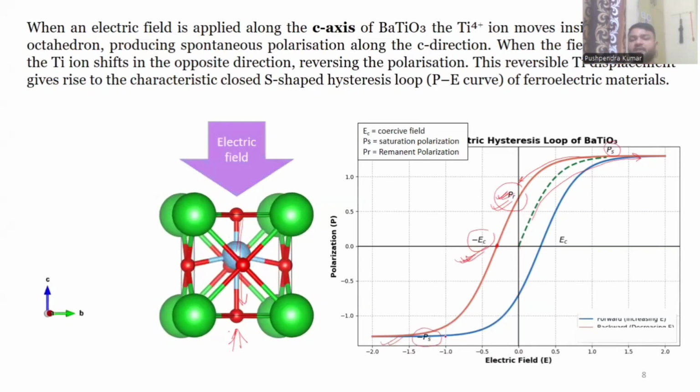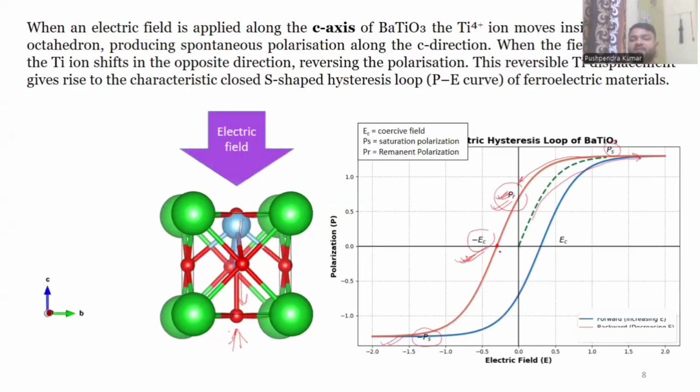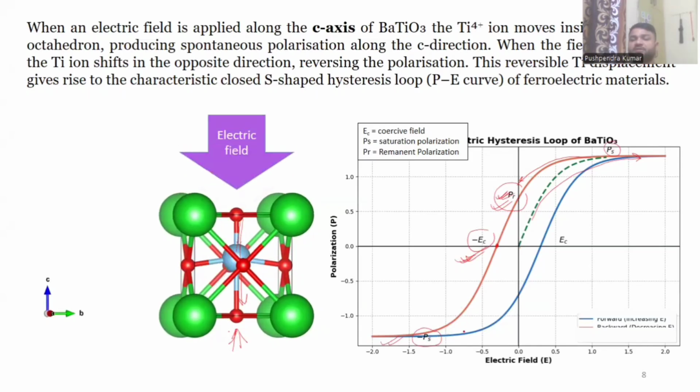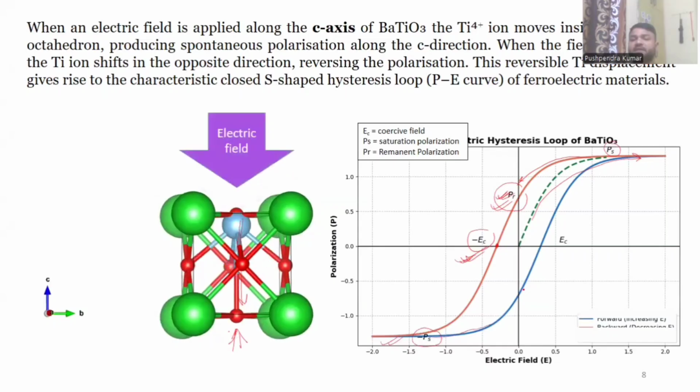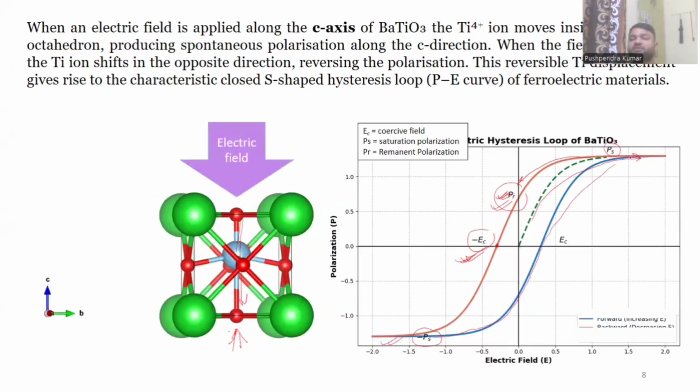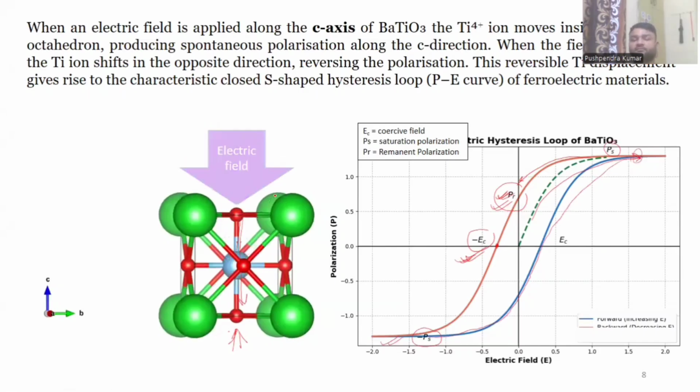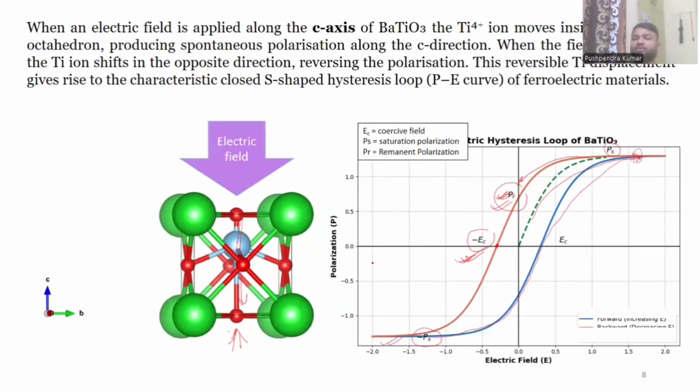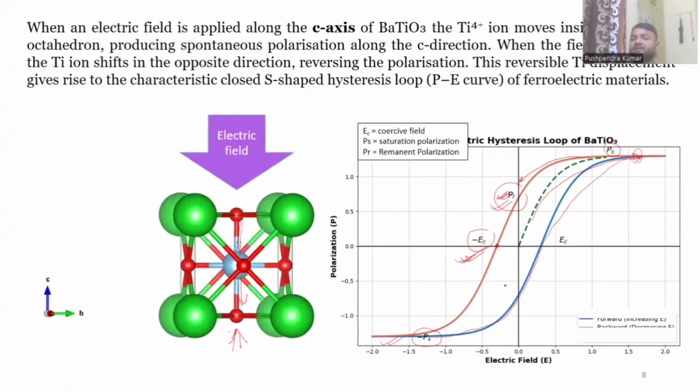Further, as we increase the electric field in the positive direction, the polarization changes its nature, gradually increases, and reaches the maximum polarization. Thus, we get the closed S-shaped hysteresis loop corresponding to this crystal. So that's all.